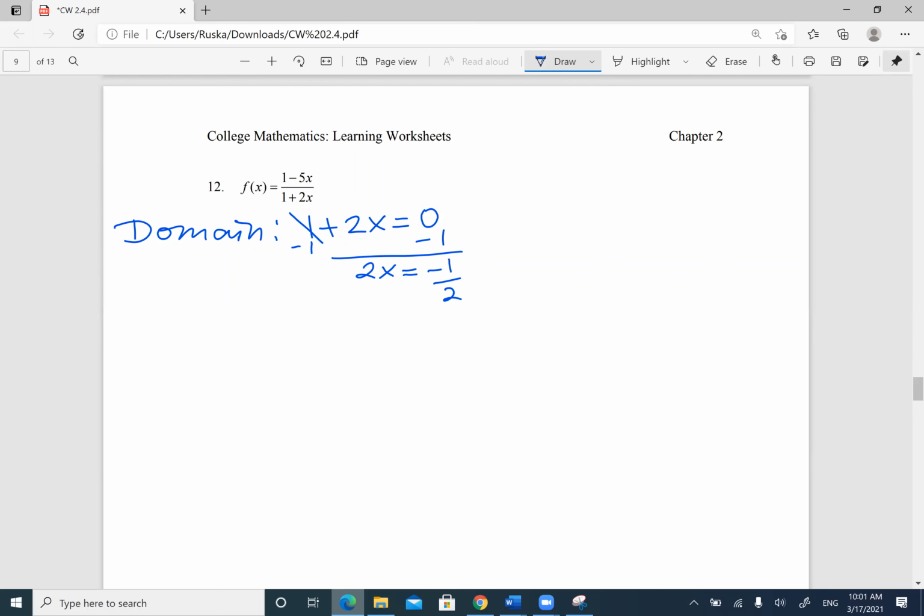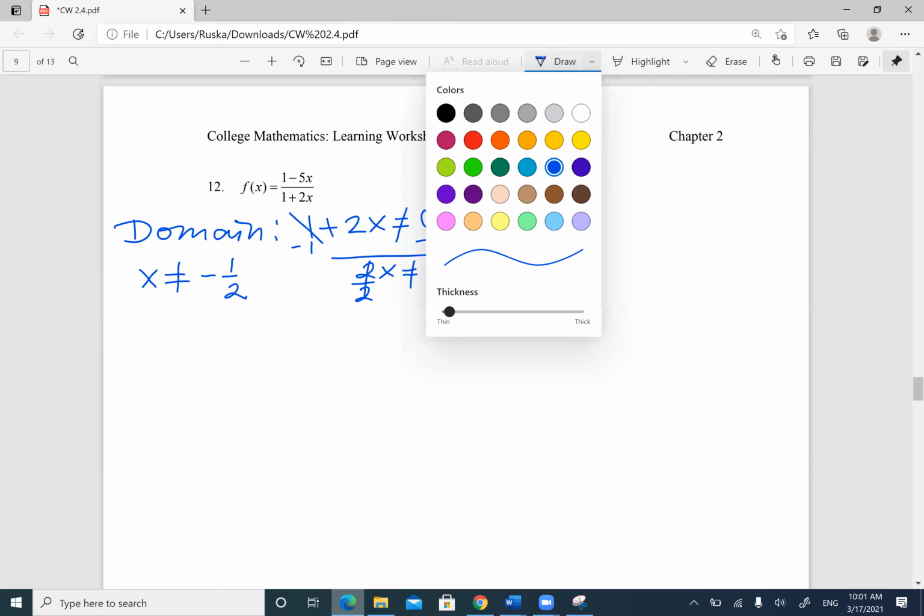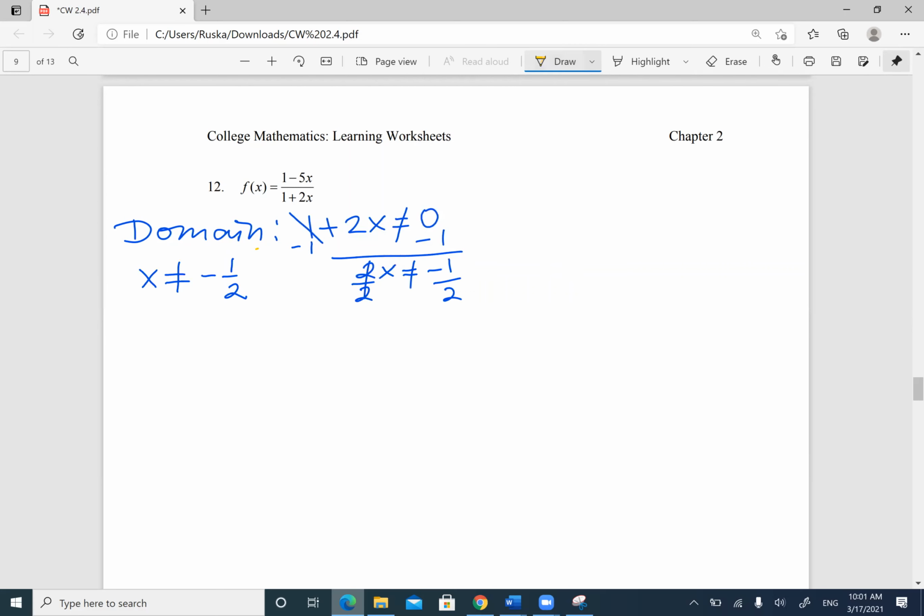Divide by 2 on both sides. Or actually, start with not equal, right? The domain is x where the denominator is not equal to zero. So my domain is x is not equal to -1/2. That means x can be everything but -1/2. Okay, that's the domain.